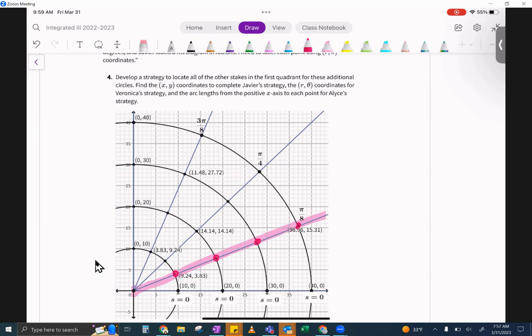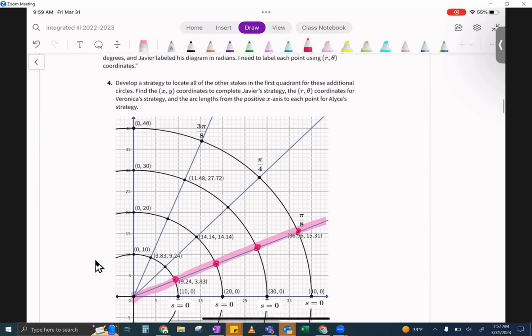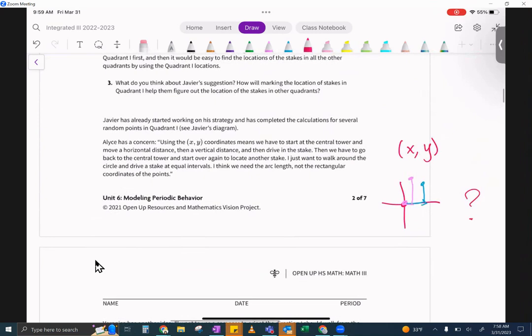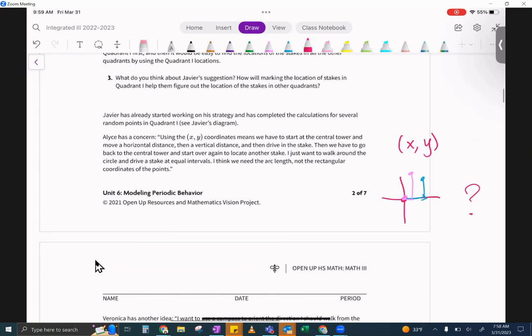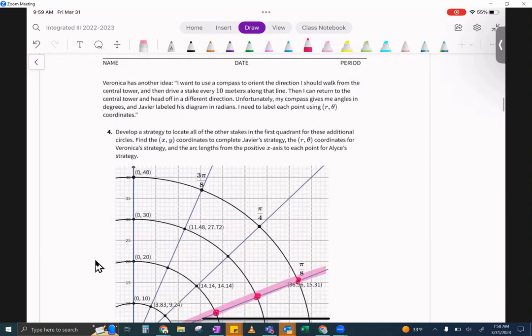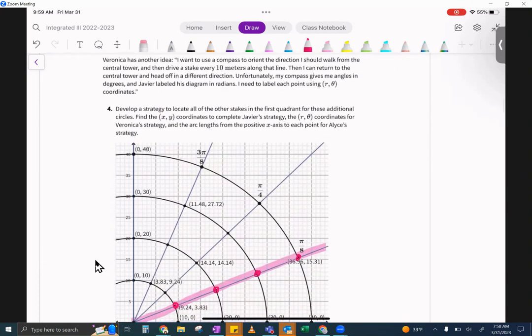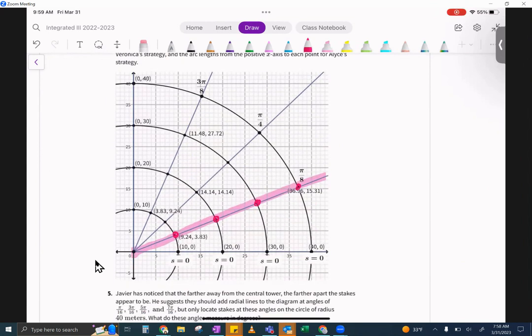Alice's concern of going back and forth to the center is going to be super annoying, right? But with Veronica's strategy of walking along one of these lines, she doesn't have to go back to the center every single time, but she will have to go back to get to the next set of stakes like this, right?